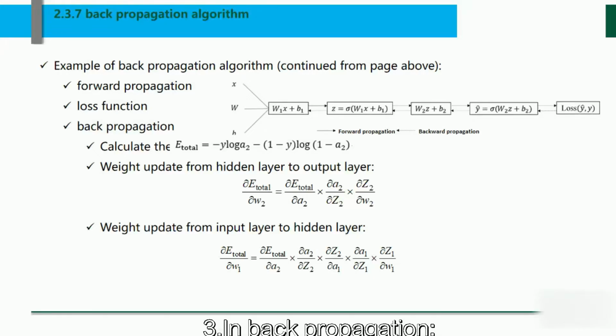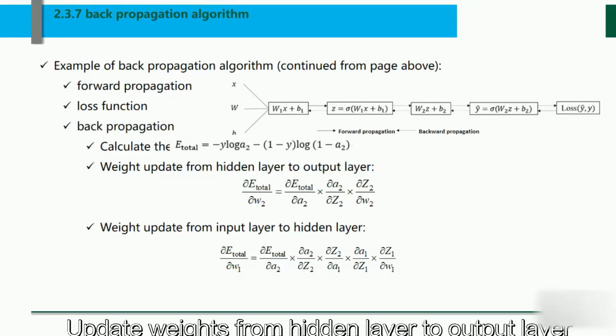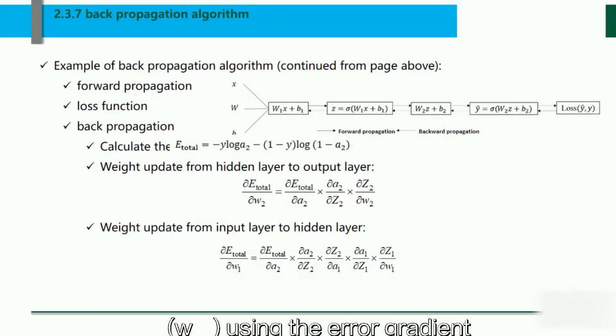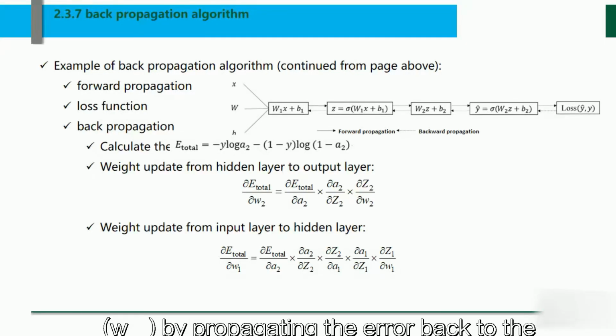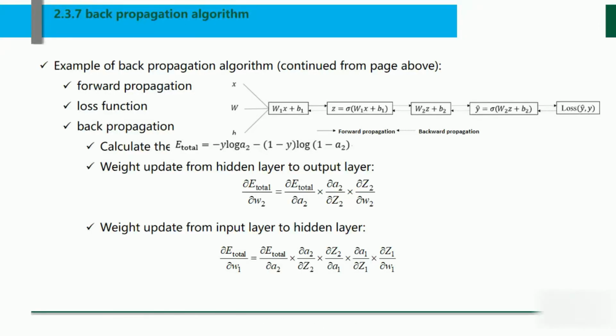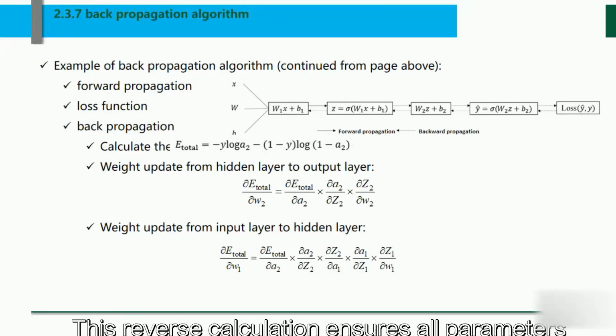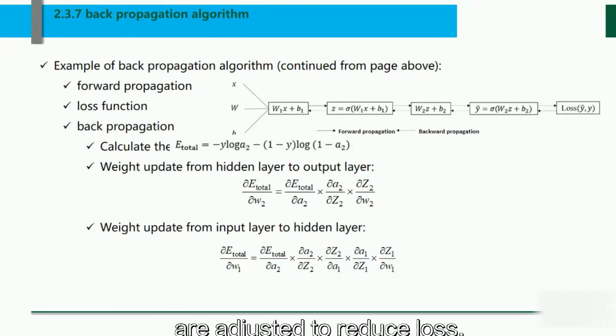Third, in backpropagation, calculate the total error, E_total. Update weights from hidden layer to output layer, W, using the error gradient. Update weights from input layer to hidden layer, W, by propagating the error back to the hidden layer. This reverse calculation ensures all parameters are adjusted to reduce loss.